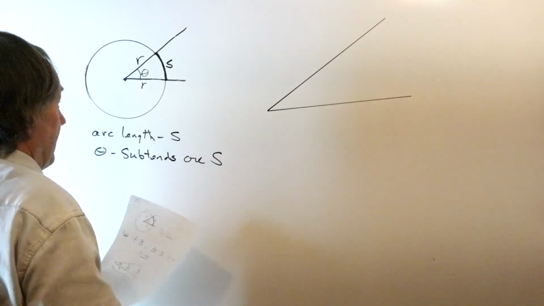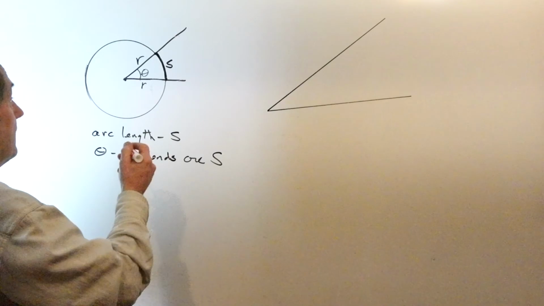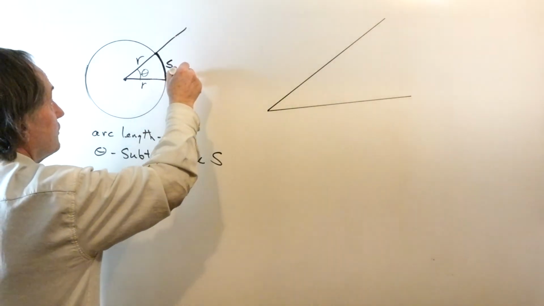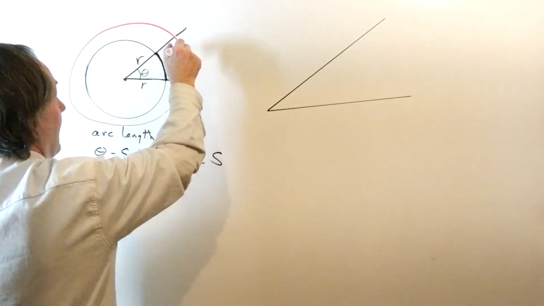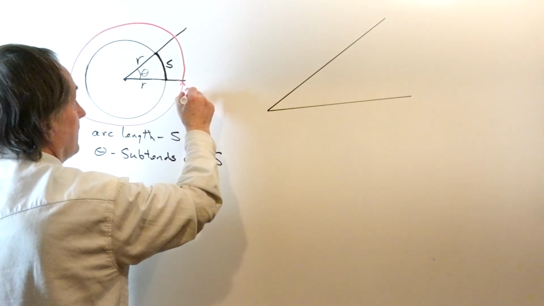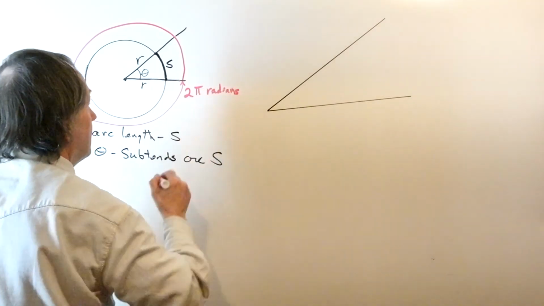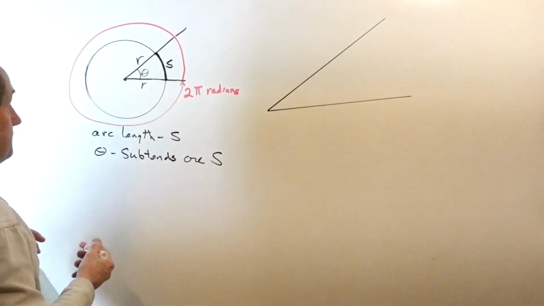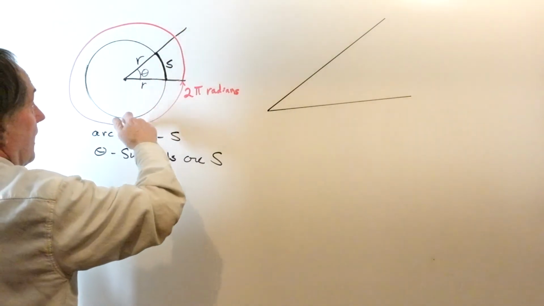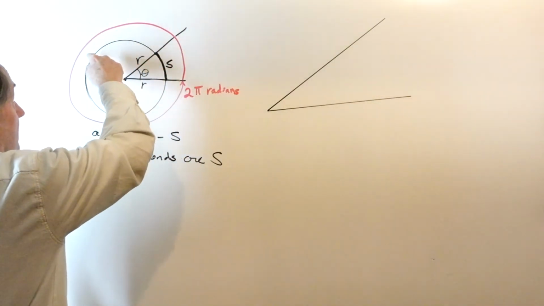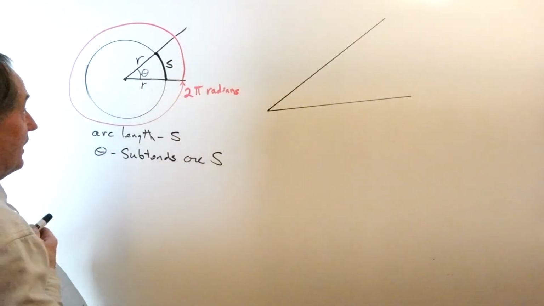Now, what we use is the fact that in the circumference of the circle, if we go one full revolution around the circle, that angular measure all the way around is 2 pi radians. And the arc length will be the perimeter or the circumference of the circle, the total perimeter around the circle.